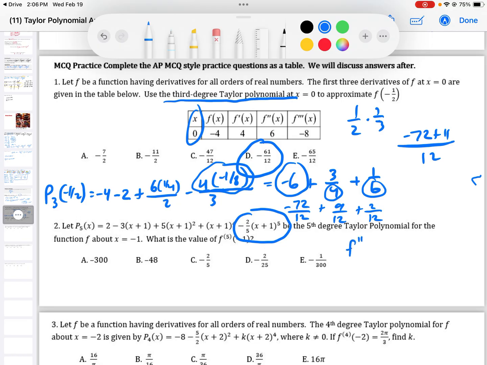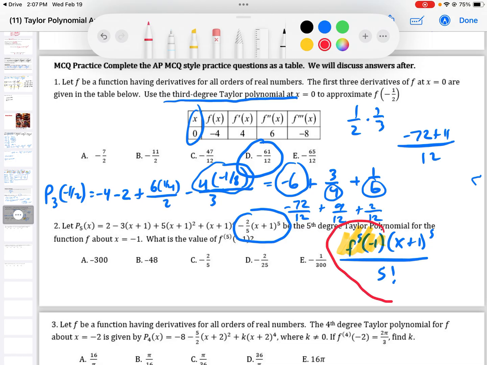This term right here is equal to the fifth derivative evaluated at -1 times x plus 1 to the power 5 over 5 factorial. And what I want to know is just what is this part?